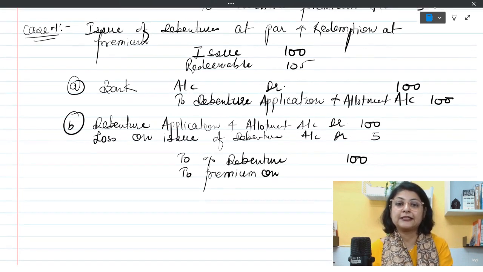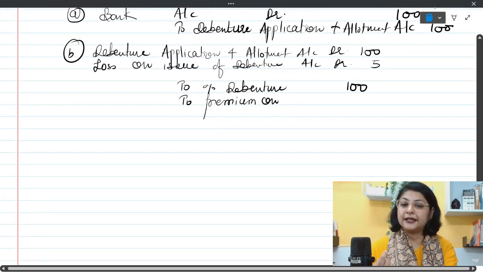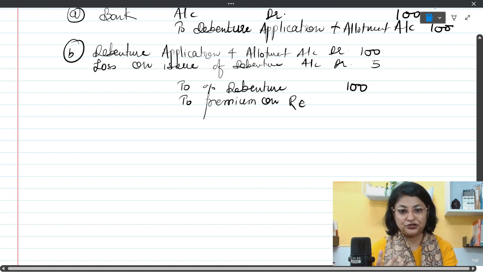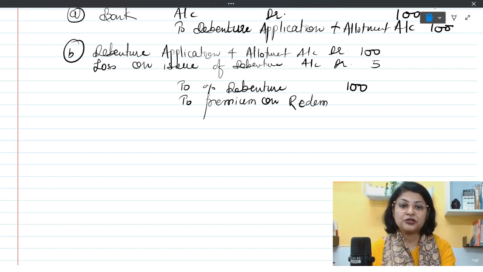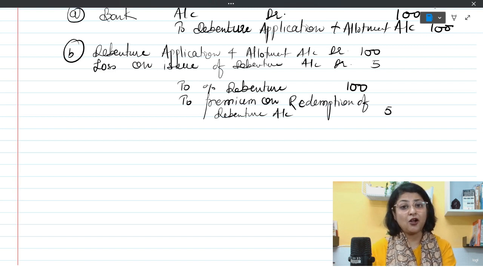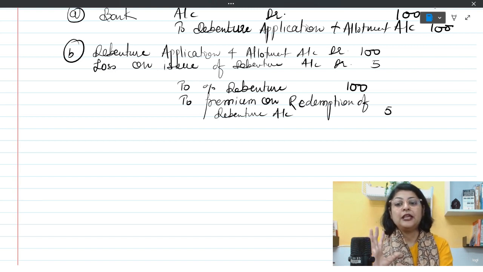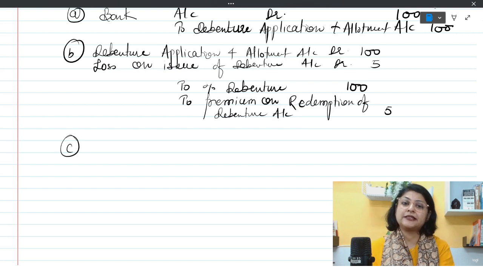This account will be credited with the same amount with which we have debited loss on issue of debenture. So premium on redemption of debenture, ₹5.